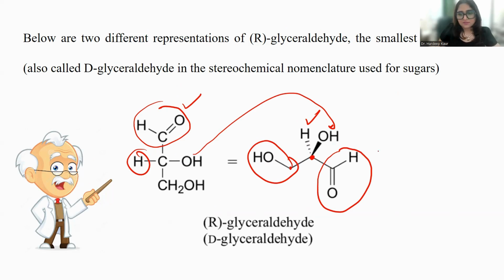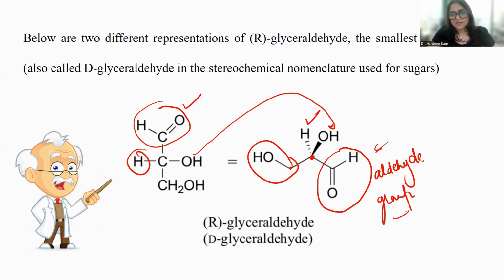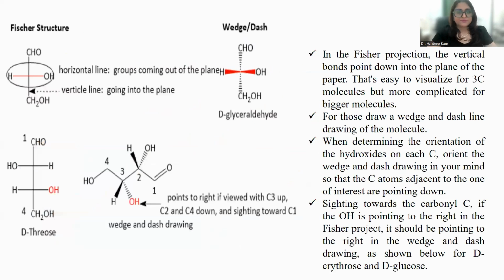Sorry, this is aldehyde. Okay, so these are two representations of R-glyceraldehyde, right-handed, also D-glyceraldehyde in the stereochemical nomenclature.